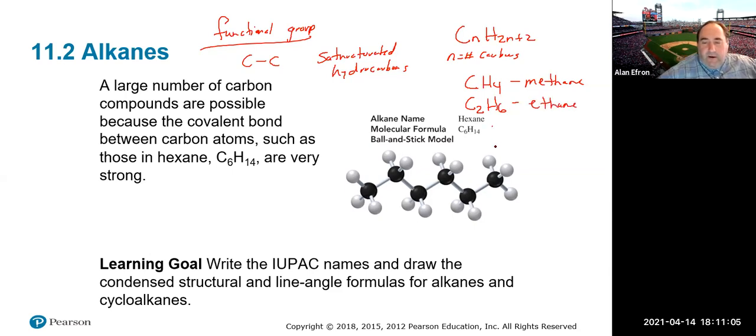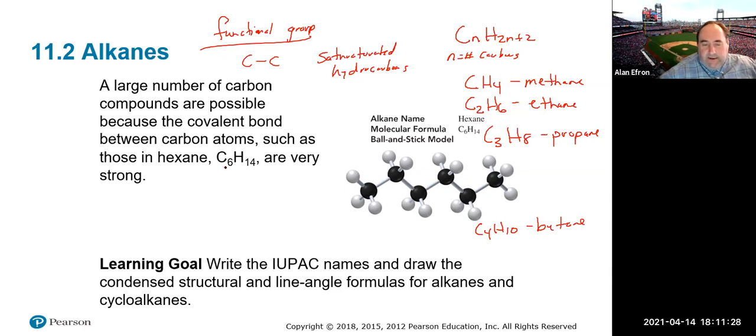If I had 3 carbons, 3 times 2 is 6 plus 2 is 8. That would be what is known as propane. We saw just a second ago C4, which would mean 4 times 2 is 8 plus 2 is 10. And that was our butane that we just saw.